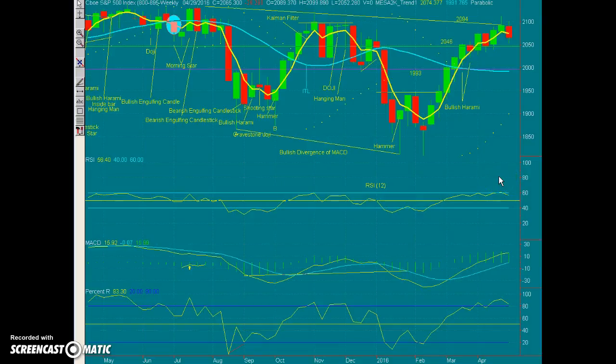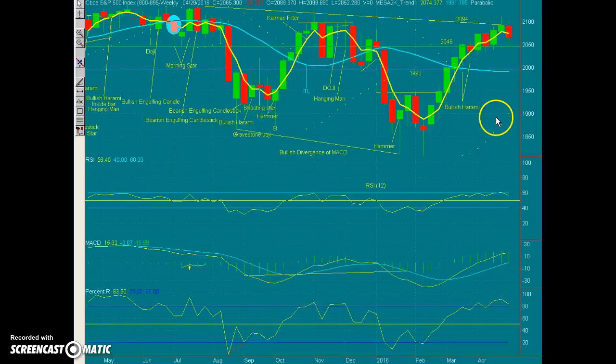Now on the weekly chart of the S&P 500, we still have the Kalman filter above the instantaneous trend line, Kalman filter in yellow, instantaneous trend line in blue. So technically, from the point of view of the MESA indicator, John Ehlers' work, we are in an uptrend.